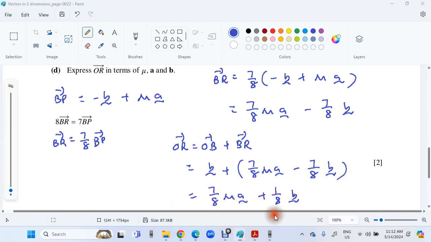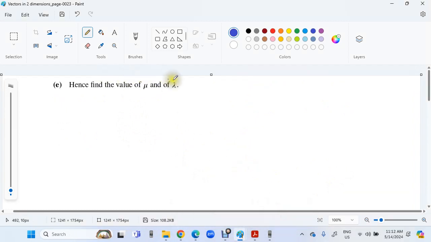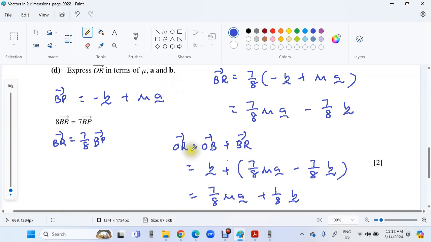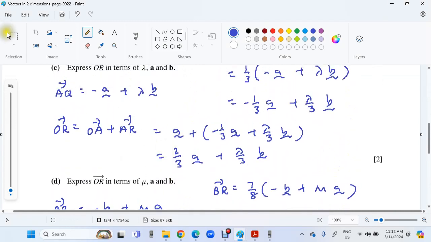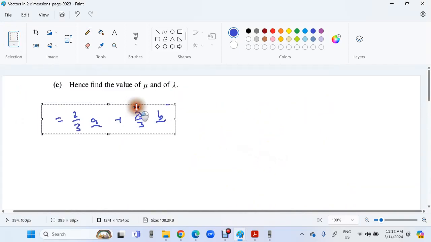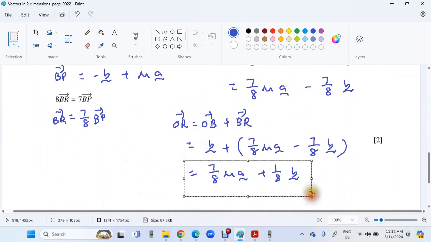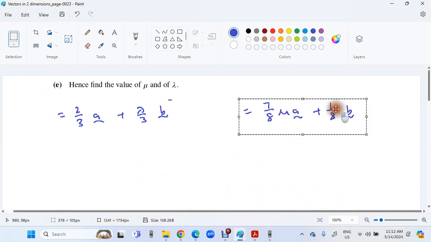So last, the question asks us to find the values of mu and lambda. Over here, we found the value of OR. At the same time, we also have OR from the other route.